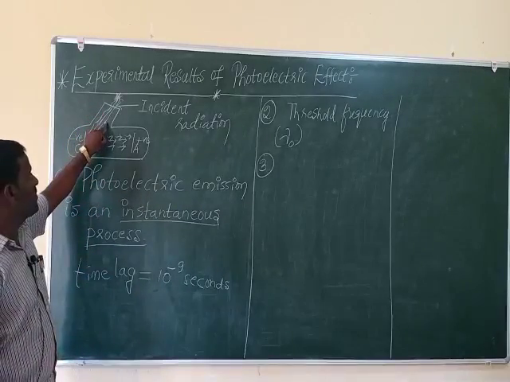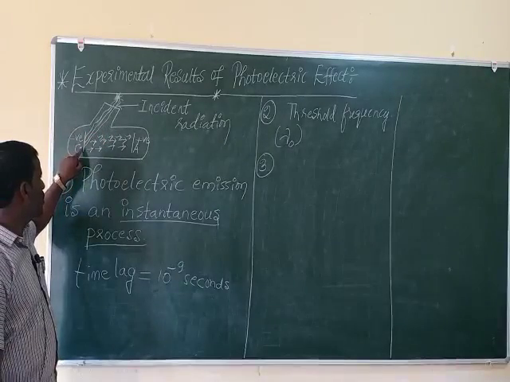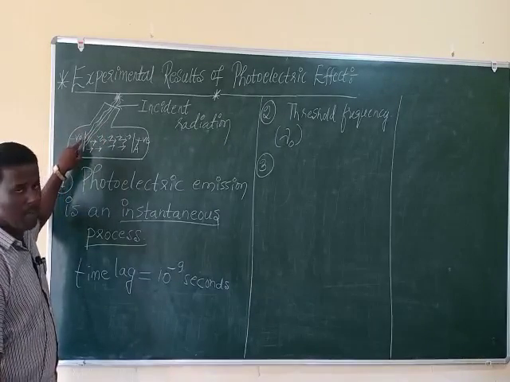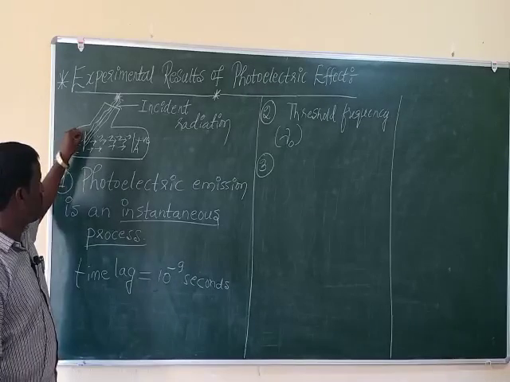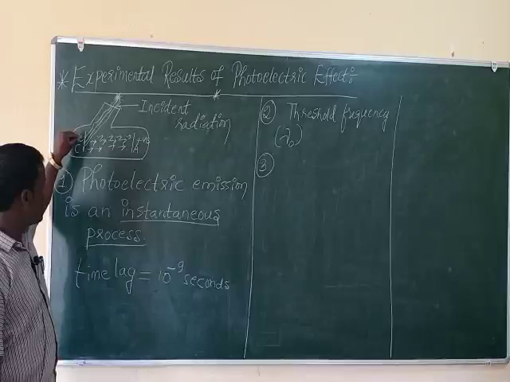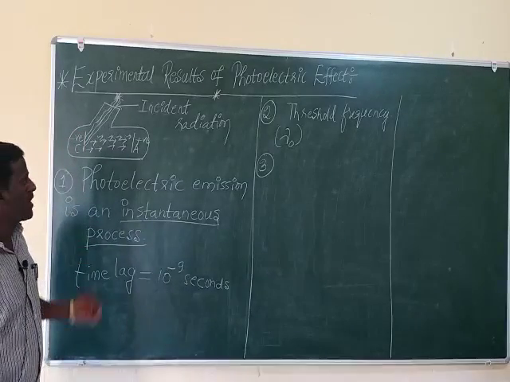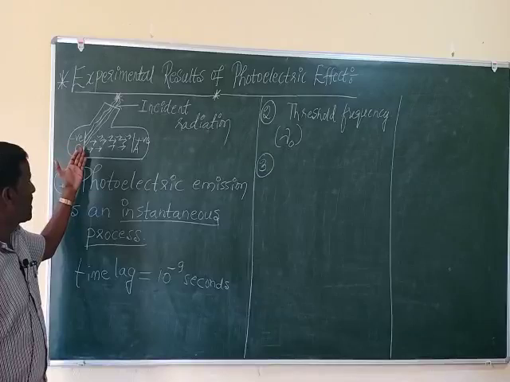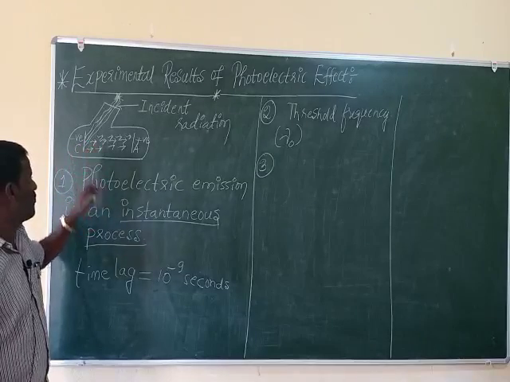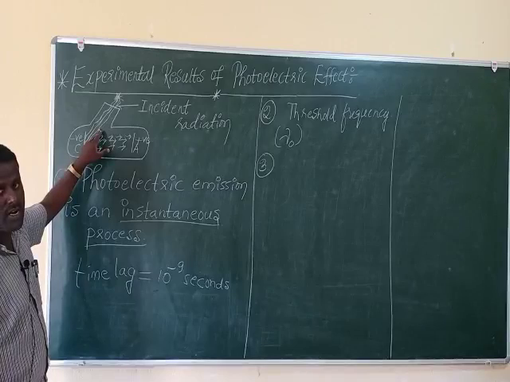If this light is having more intensity, then the electrons which are inside the metal plate gain more energy from the light and they easily escape from the metal plate C. So what it means here, the emission of more electrons from the metal plate C depends on intensity of the incident radiation.